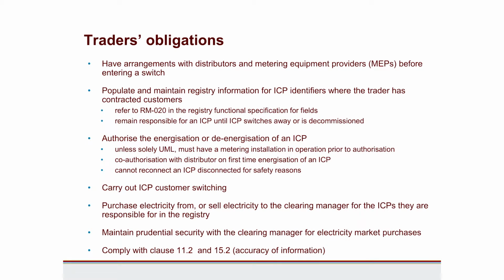issue the NT file. You've got to populate and maintain registry information, and there's a whole lot of information set out within the code that must be populated and maintained by retailers. When you were looking through the registry screens before, you would have seen a lot of the retailer entries that had to be maintained.